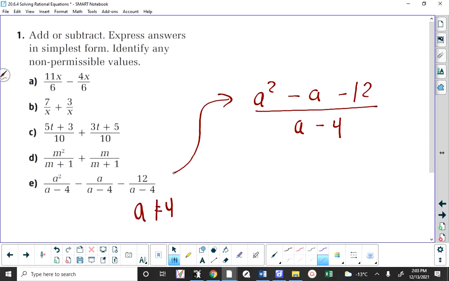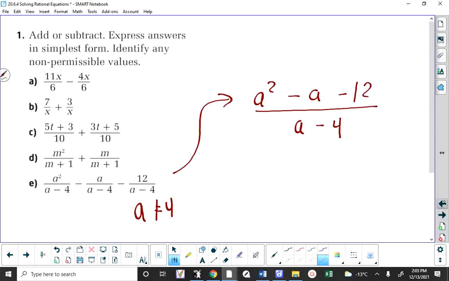So if you come that far and you say, well, I know what to do, I put it together to get a squared minus a minus 12 over a minus 4, then you should notice that you have a rational expression.